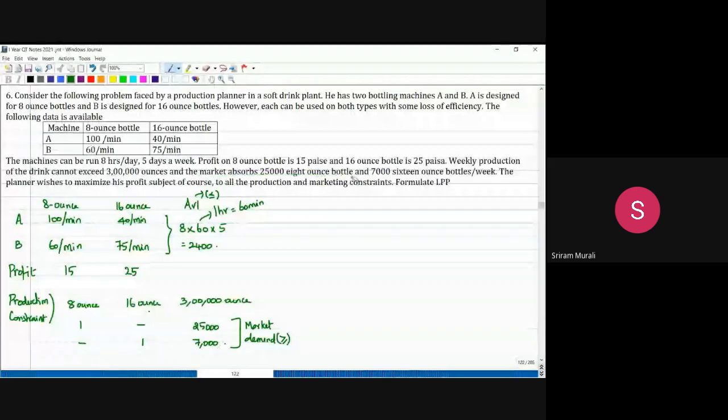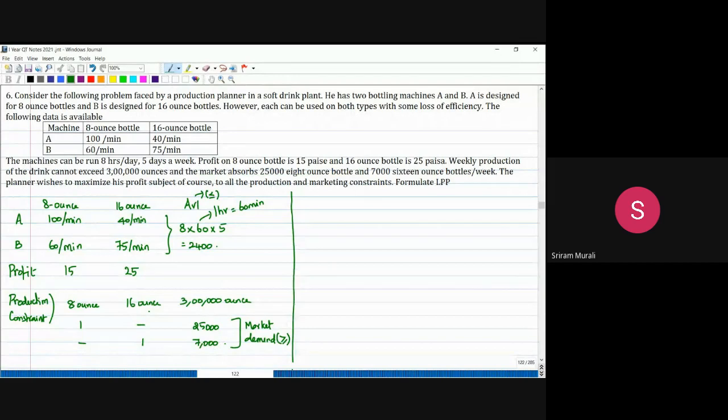Now we have to construct a mathematical model. What is the question? The planner wants to maximize his profit. He doesn't know how many units of 8 ounce and 16 ounce bottles to produce. Let x, y be the number of 8 and 16 ounce bottles to produce.